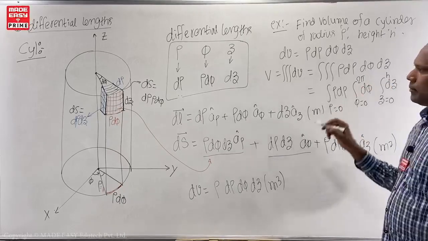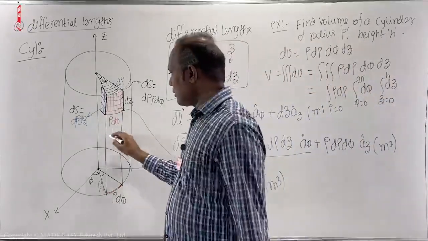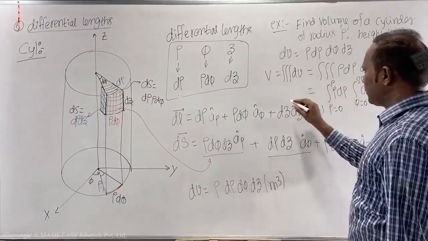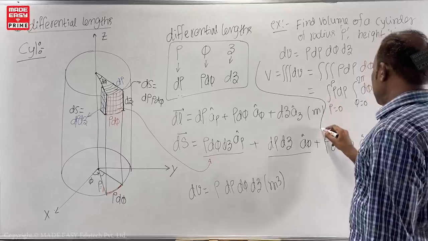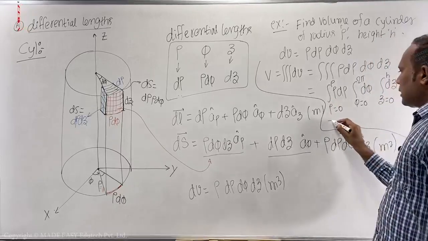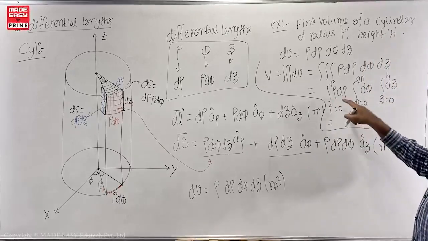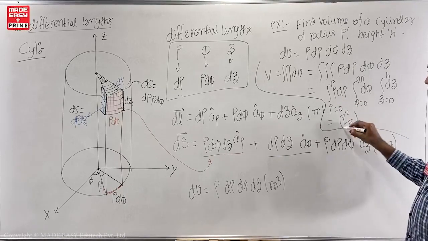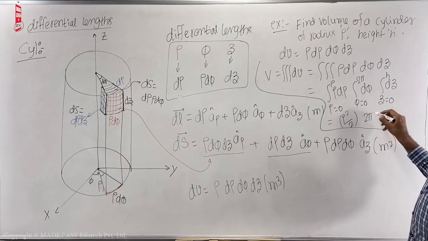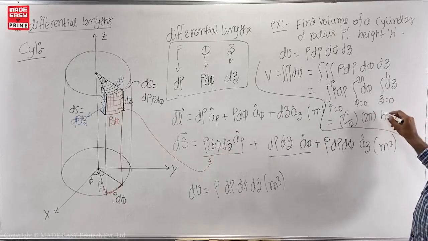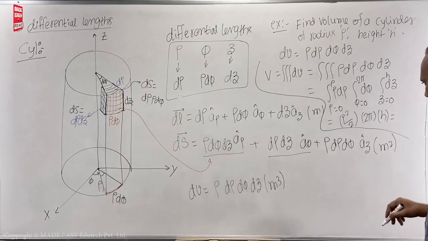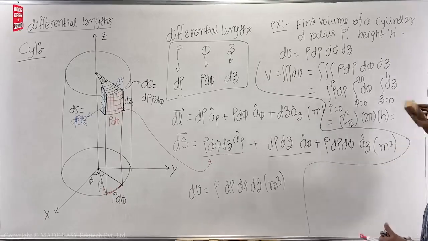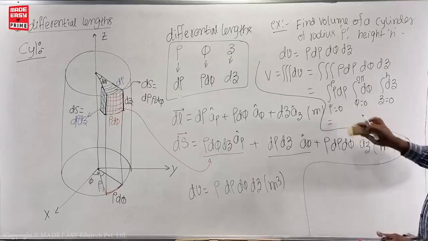Here at the center the radius is 0, and the final radius is rho. Now after integrating, you get rho square by 2, and the integral of d phi gives 2 pi. The z integral gives h. If you want, I will write it like this. One more step I will write here.